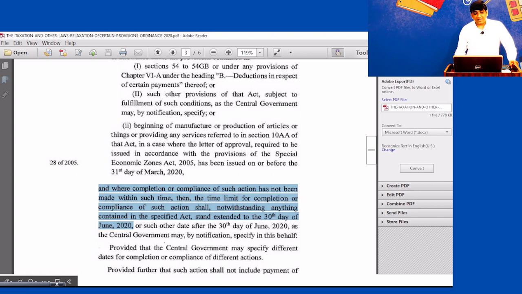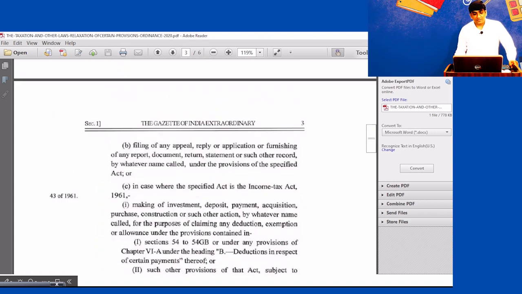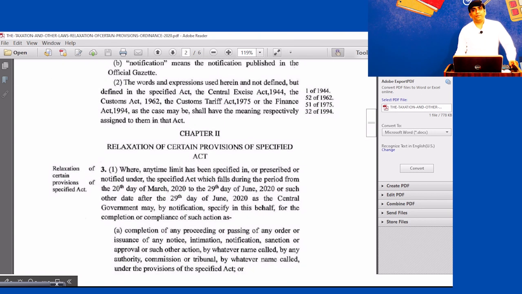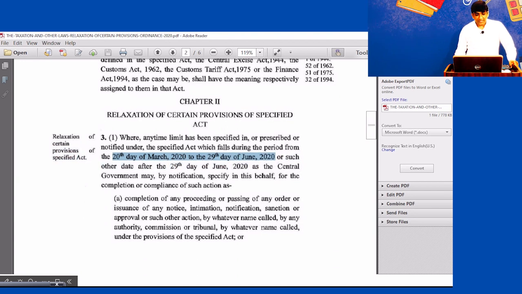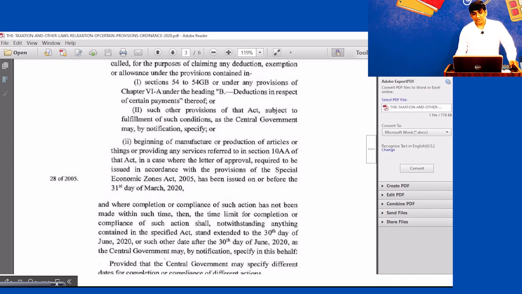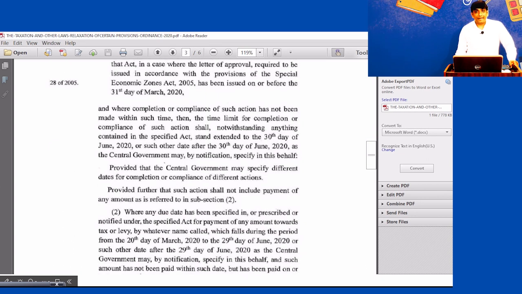That means where completion or compliance of such action has not been made within such time, the time limit stands extended to 30th of June 2020. They have extended all the time limits which fall due from 20th of March 2020 to 29th of June 2020, to 30th of June.